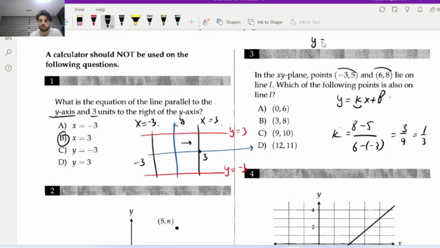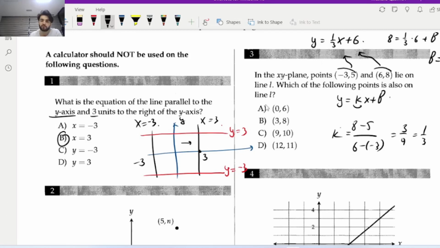So let's write y is equal to 1 over 3 x plus b. But we don't know b right now. That's why we have to put one of these 2 points in the equation. 8 is equal to 1 over 3 multiplied by 6 plus b. Here will be 2. b is equal to 6. So it means that we have an equation of y is equal to 1 over 3x plus 6.